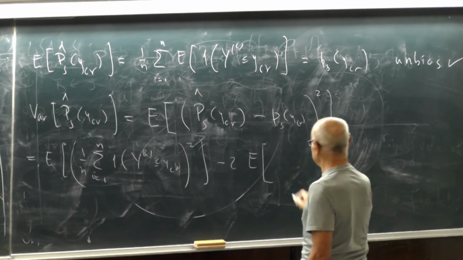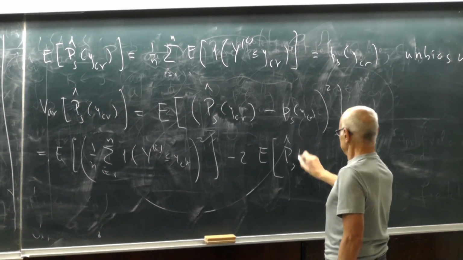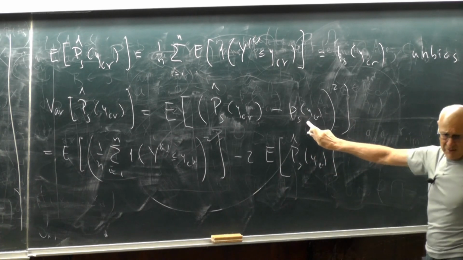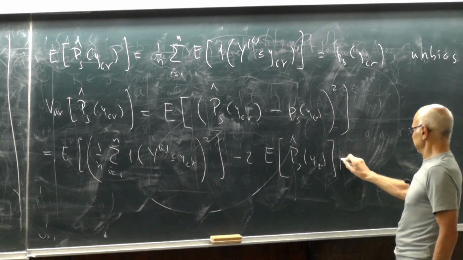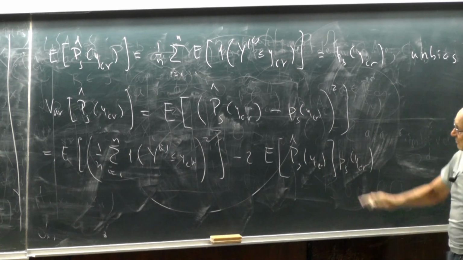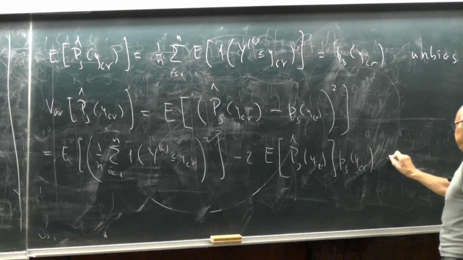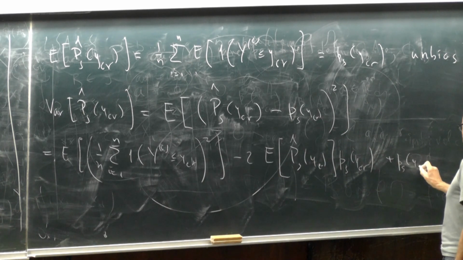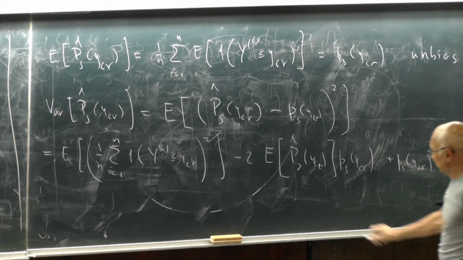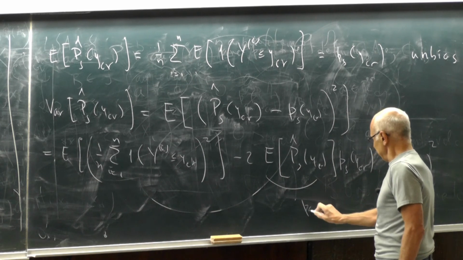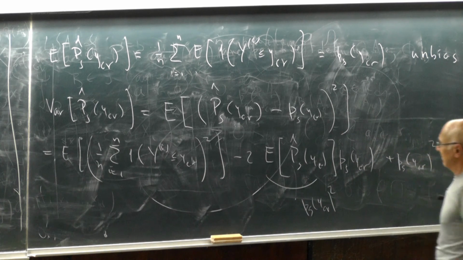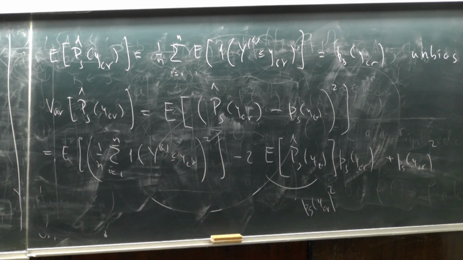So p, and I can pull this out because it's a deterministic number. And plus the last term squared. These two terms are clear. This is p squared.